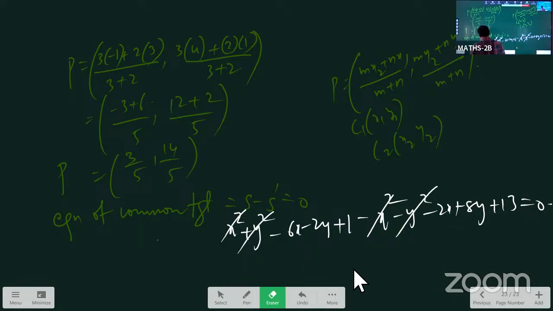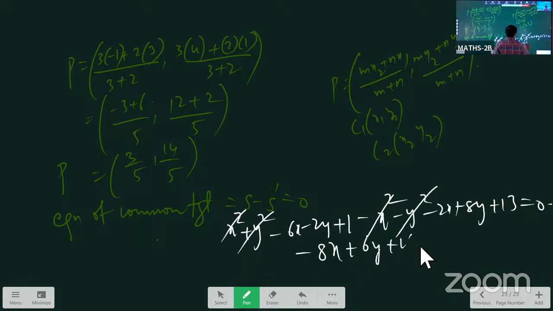Okay, what is our equation? It is x square plus y square minus 6x minus 2y plus 1, minus x square minus y square minus 2x plus 8y plus 13. This is minus 8x minus 2 plus 8 plus 6y plus 14. Take minus 2 common. Then 4x minus 3y.